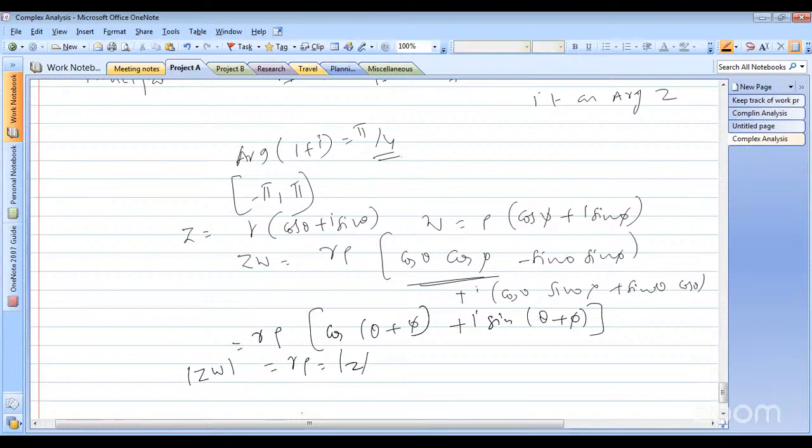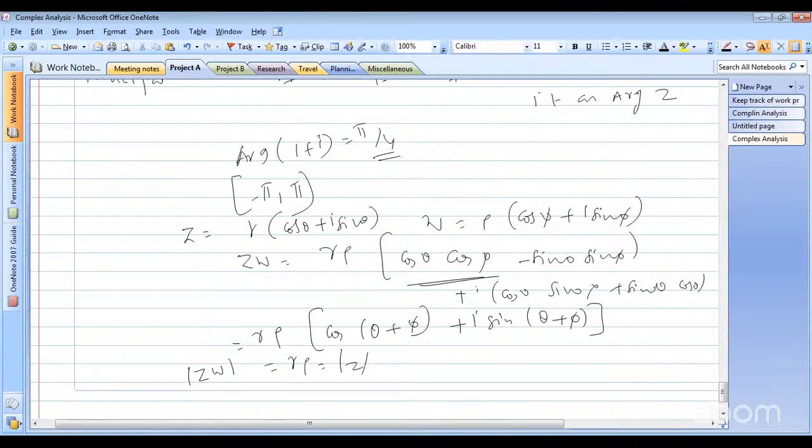If you want to work with principal values, even if theta and phi are in minus pi comma pi, we may get the answer outside the interval minus pi comma pi. So you have to make sure to get the answer back into the interval by adding or subtracting 2 pi to obtain the argument of zw.